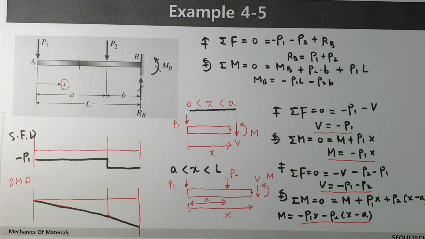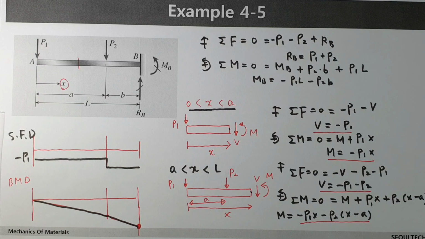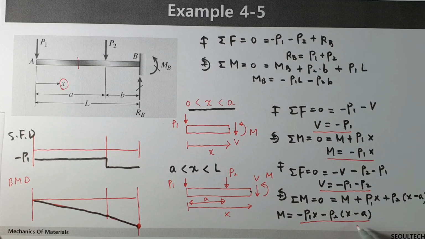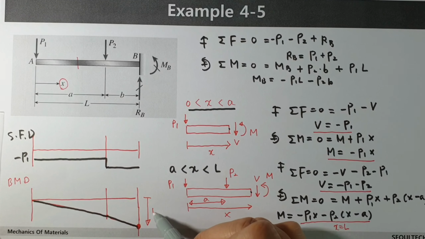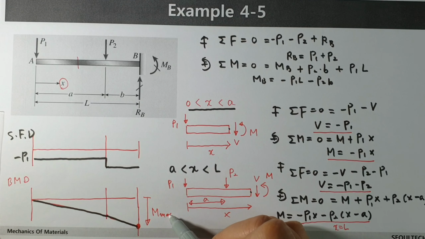When you watch this kind of bending moment diagram, the maximum value happens at this point. We can find this value when we substitute x equals L here. This one is the maximum bending moment.